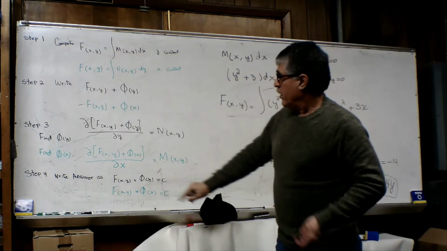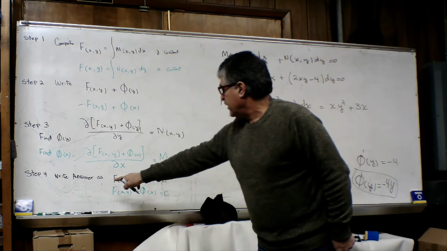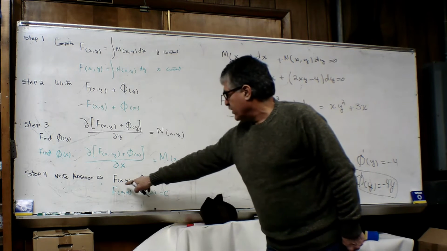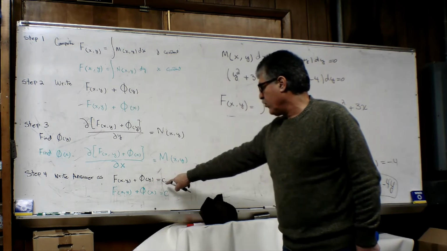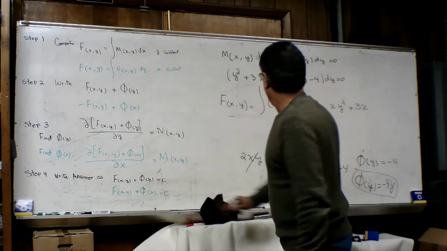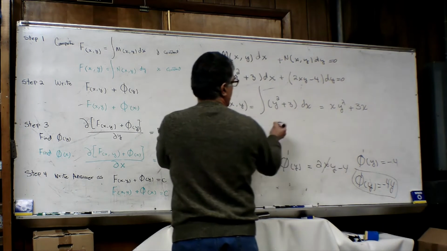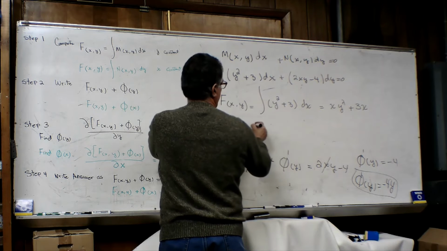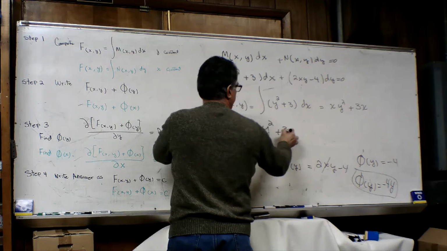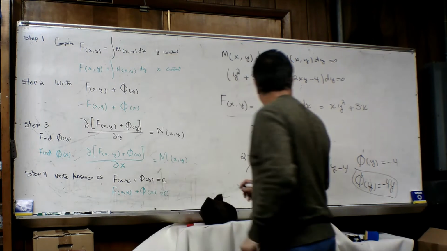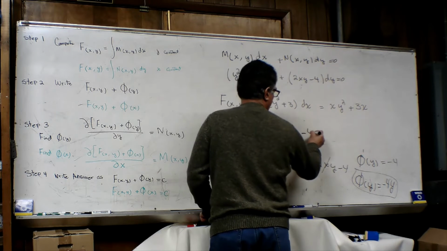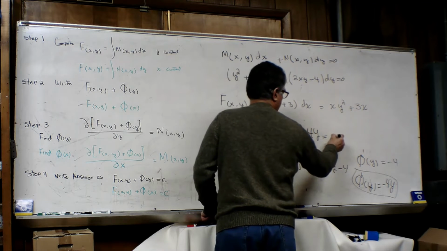Now, the last step, write it in this form: f as a function of x and y plus phi of y equal to c, which is an arbitrary constant. So f as a function of x and y, which was xy squared plus 3x, plus phi of y, minus 4y, equal to a constant.